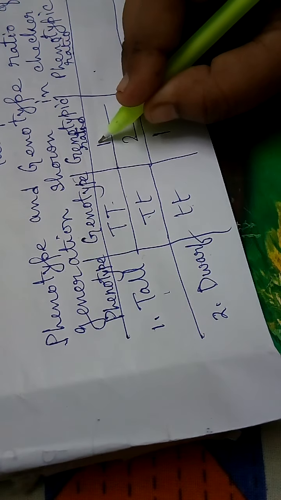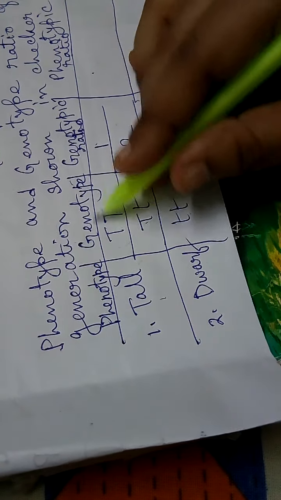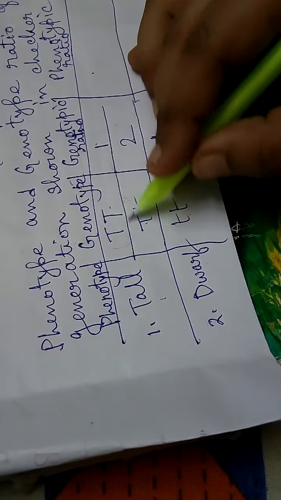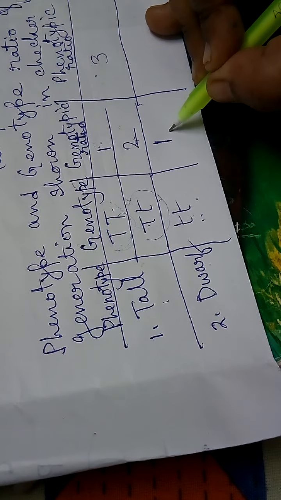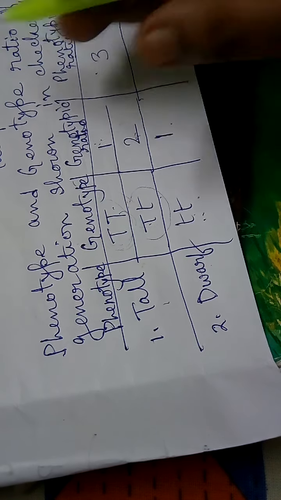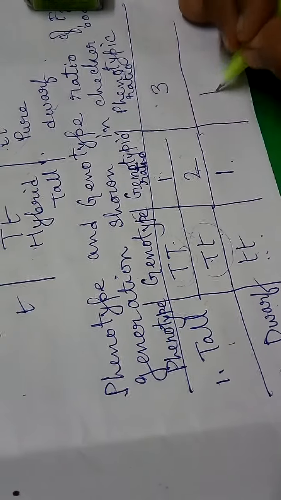So total number of tall organisms in F2 generation is 1 homozygous tall and 2 heterozygous tall, so total tall is 1 plus 2, that is 3. Next small t. Here only one dwarf pea plant is produced in F2 generation checkerboard, so 1.